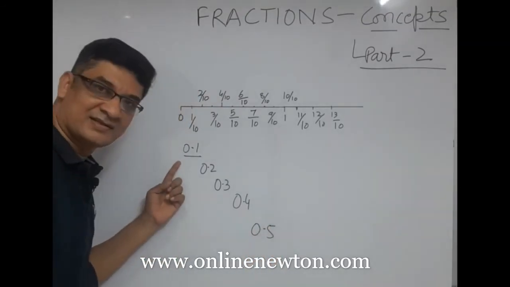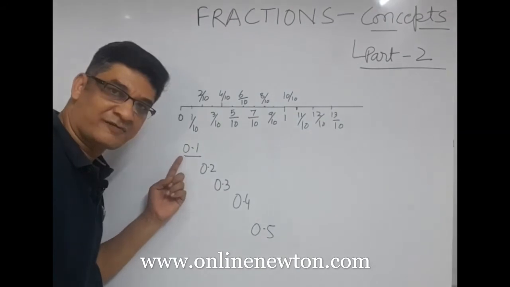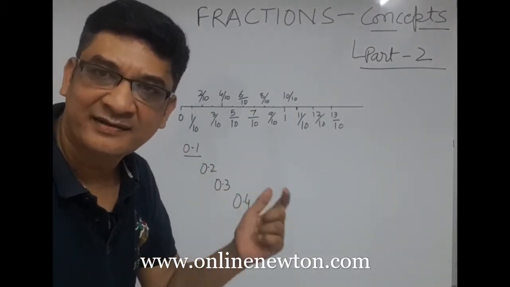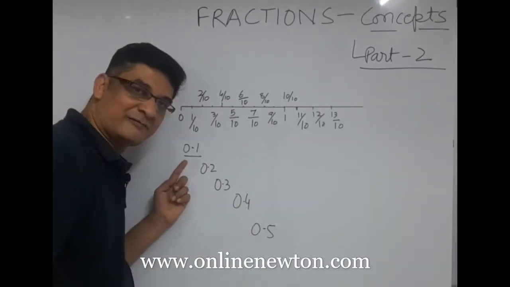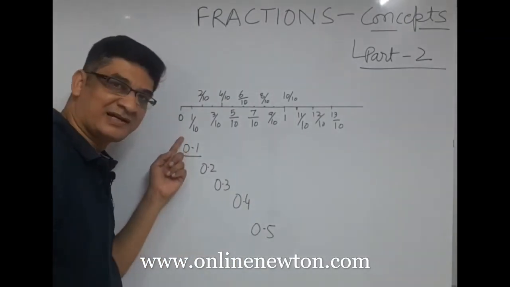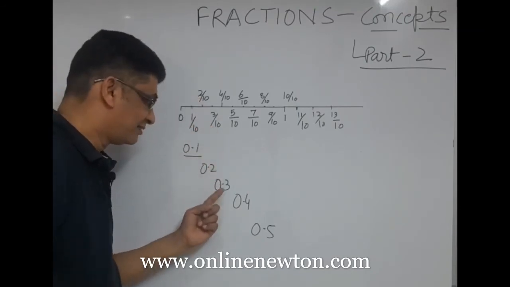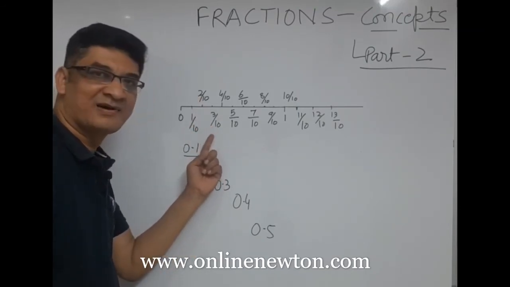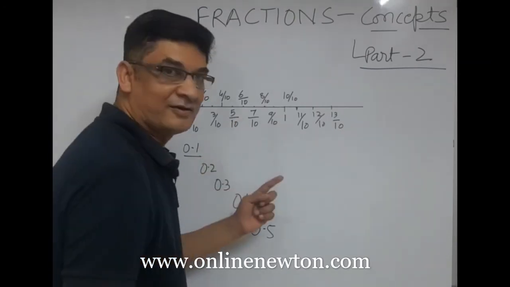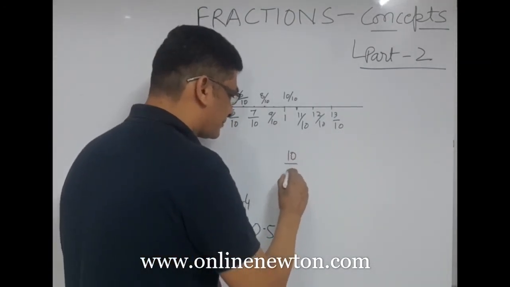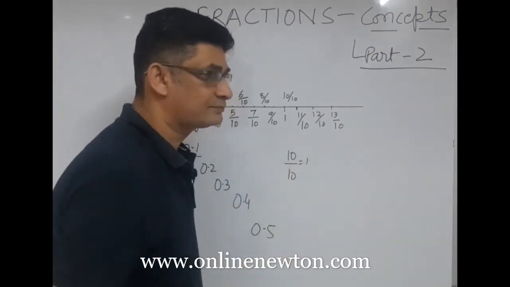And this way of writing the fractions is called decimal numbers. So 0.1 is same as 1 by 10. 0.2 is same as 2 by 10. 0.3 is same as 3 by 10. When we write 10 by 10 is actually 1.